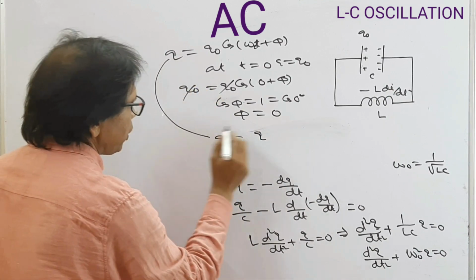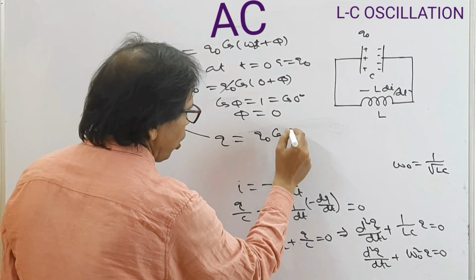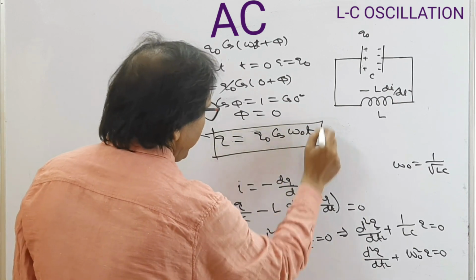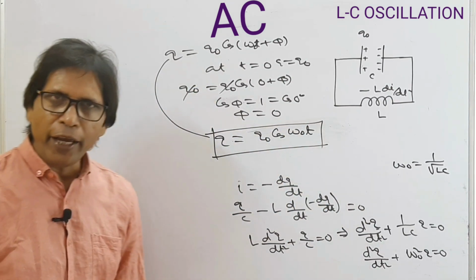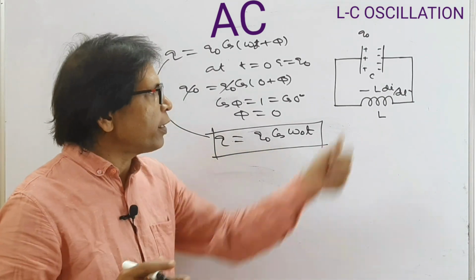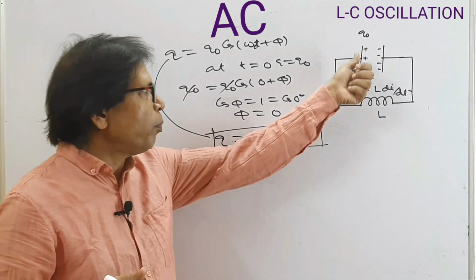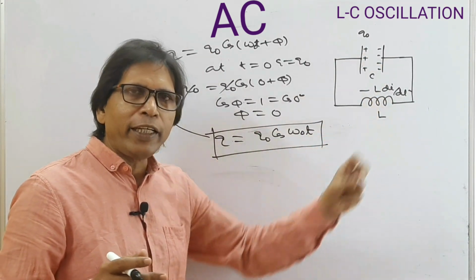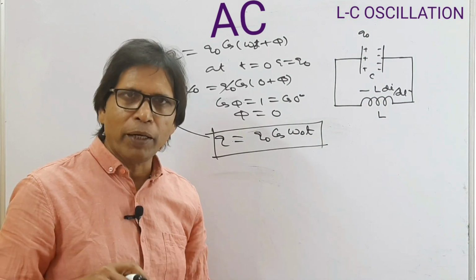So from this equation, Q equals Q naught cos omega naught t is the equation of charge at a given instant. This is the sinusoidal equation. So the energy of the circuit oscillates from electrical energy in the capacitor to magnetic energy in the inductor and vice versa.